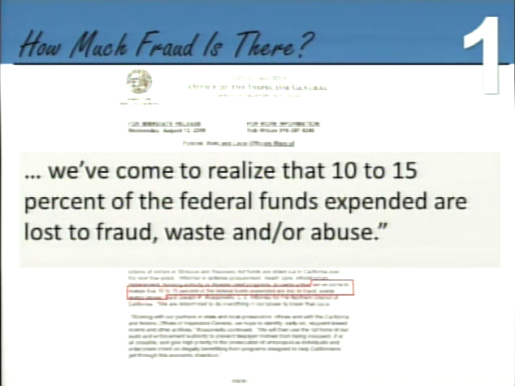This is a press release issued by the Office of Inspector General, and there's a quote here from a federal attorney, and he says, "We've come to realize that 10 to 15% of the federal funds expended are lost due to fraud, waste, and or abuse." So that's not an anomaly with federal money. That's not an anomaly with just state money. This is an industry standard.